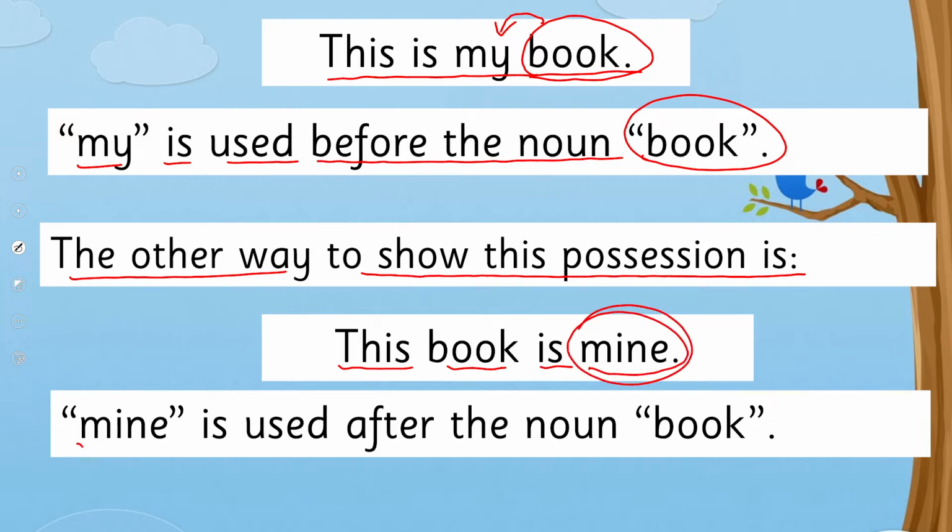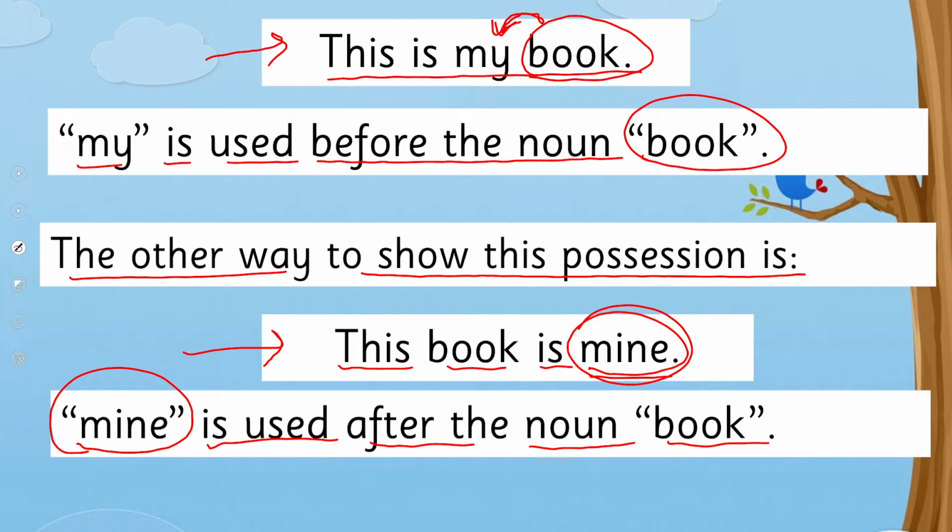Okay, so mine is used after the noun book. If you want to write possession before the noun, you will use my, or if you want to write it after, you will use mine. The meaning of both sentences is almost the same, but the expression is different.